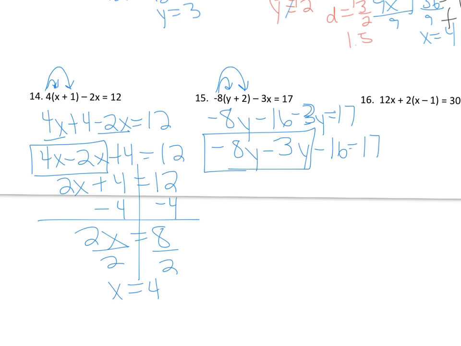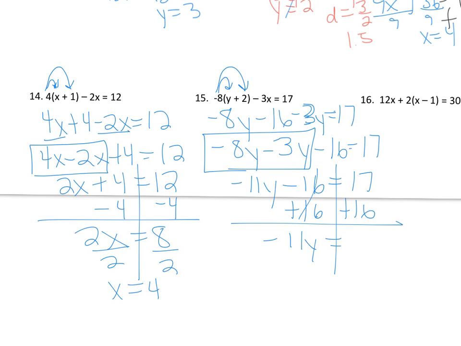Negative 8 minus 3 is negative 11y. Minus 16 equals 17. I'll add 16 to both sides to solve. And 17 plus 16 gives you 33. And divide by negative 11. So y is equal to negative 3.